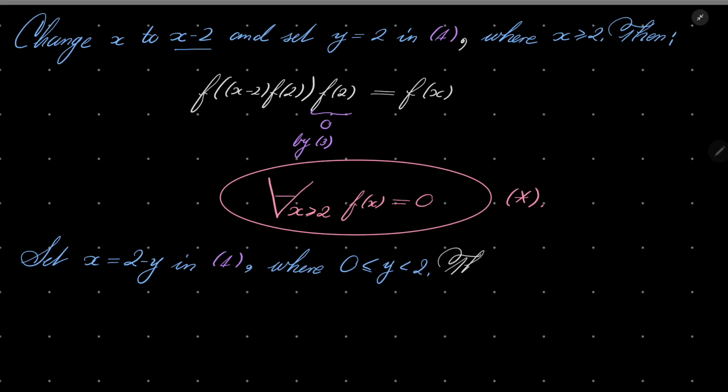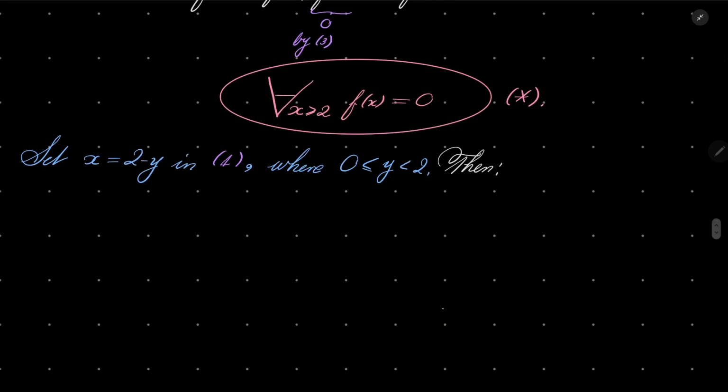Then our equation becomes f of x, but x is 2 minus y, times f of y equals, on the right hand side we have f of x plus y, but x plus y is just 2, so f of 2.